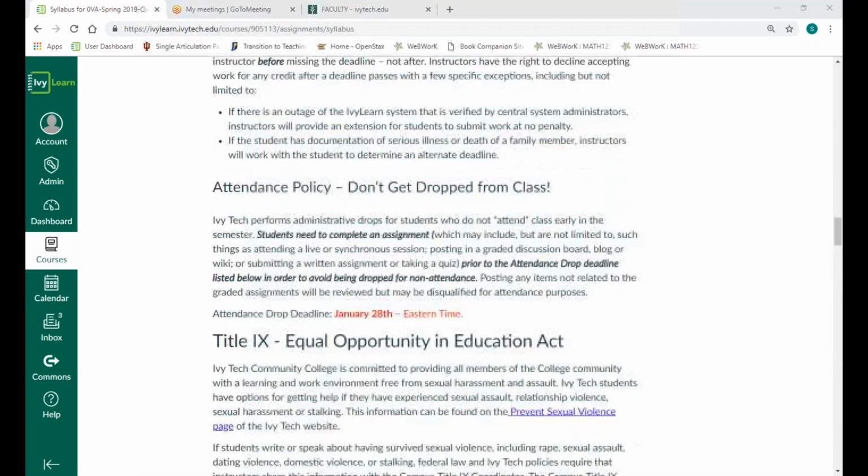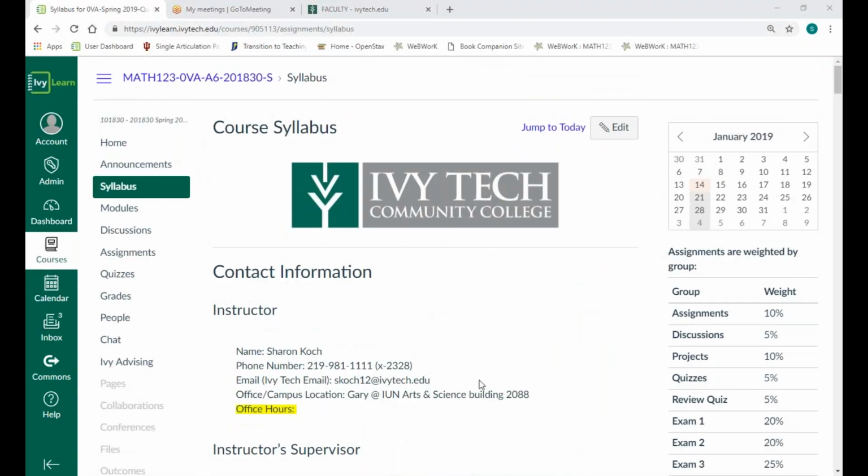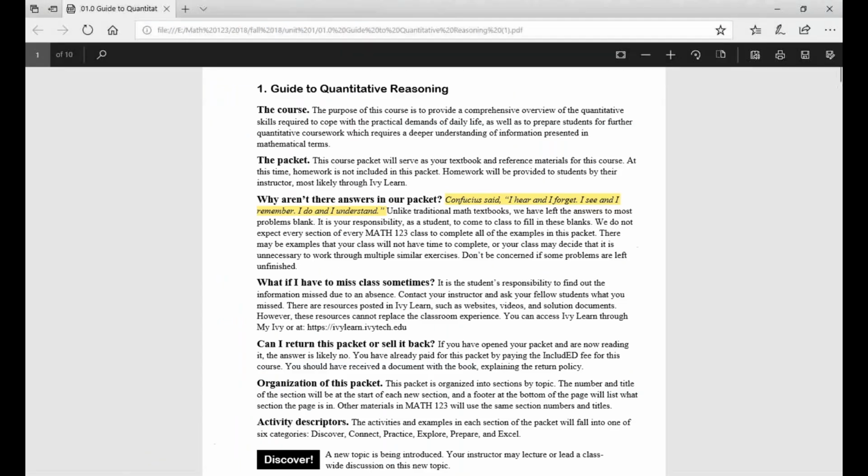Alrighty, so that is all from our syllabus. So I'm going to take you through the parts of our textbook right now, because our textbook is a little bit different than what you're used to. It looks like a giant workbook. And it is intended to look like a giant workbook because Confucius said, I hear and I forget, I see and I remember, I do and I understand.